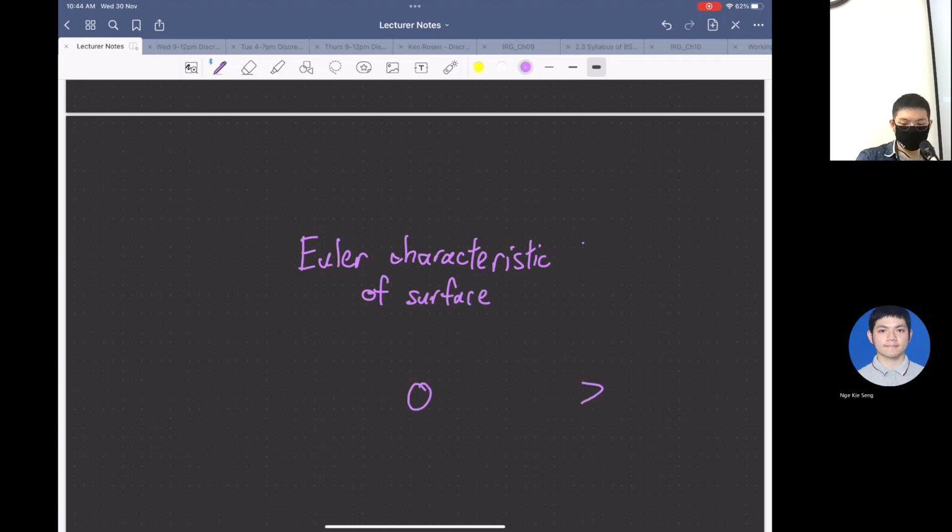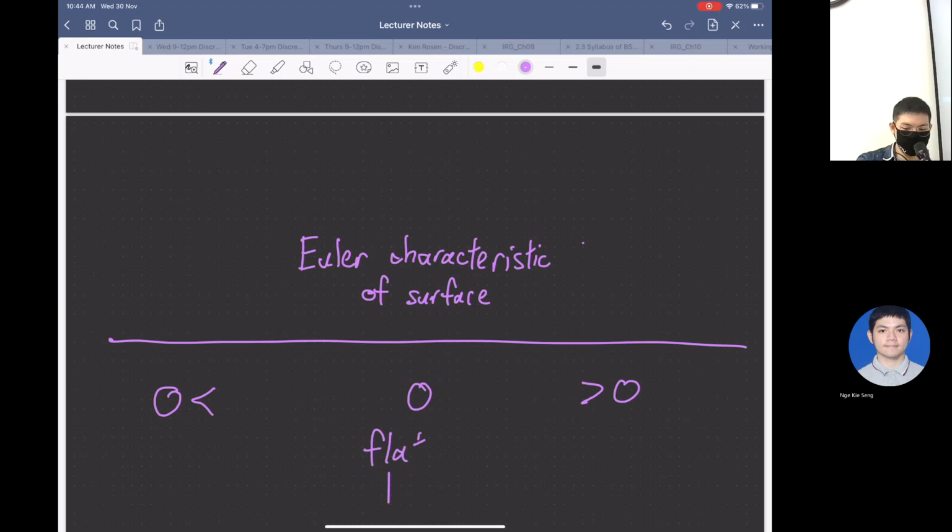Either it's 0, greater than 0, or less than 0. Only 3 groups. Equal to 0 we call flat, greater than 0 is spherical, and less than 0 is hyperbolic.